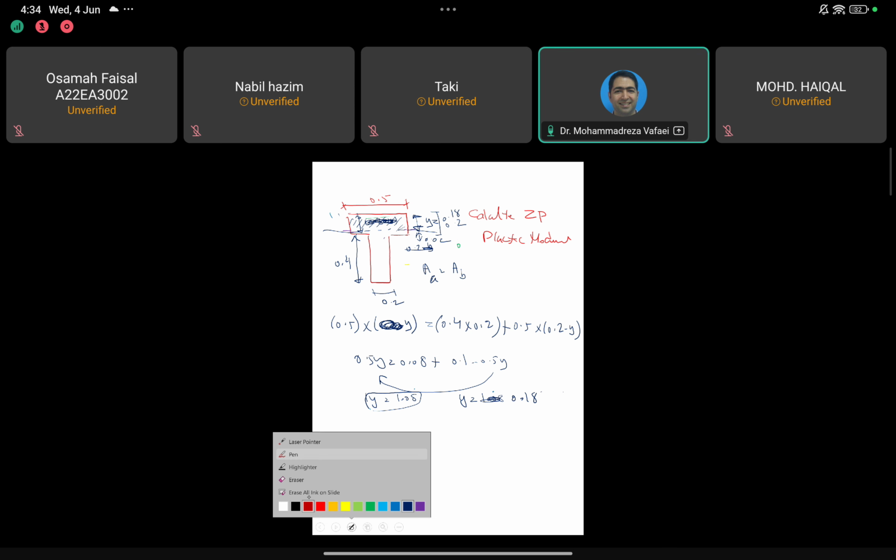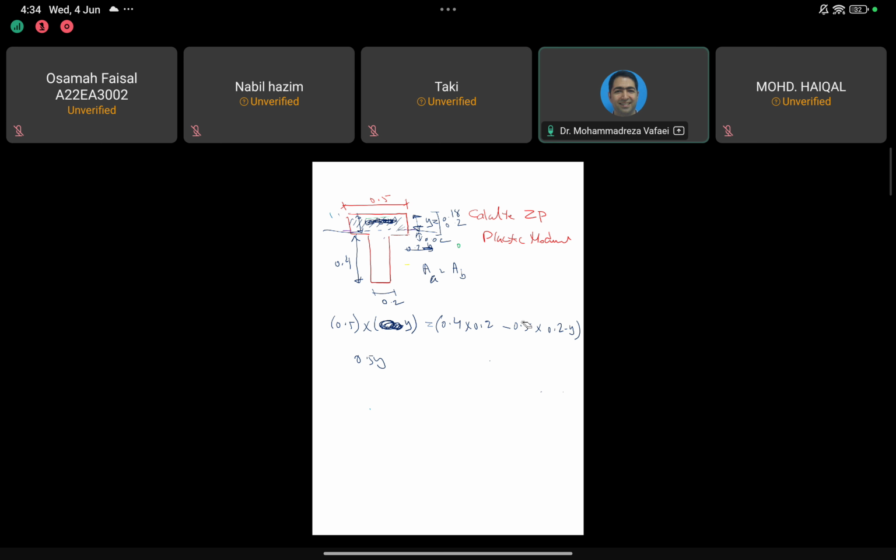So let me just delete this very messy calculation and draw the section a little bit cleaner, because we have the second stage of calculation over there. Okay, so right now we have our line.